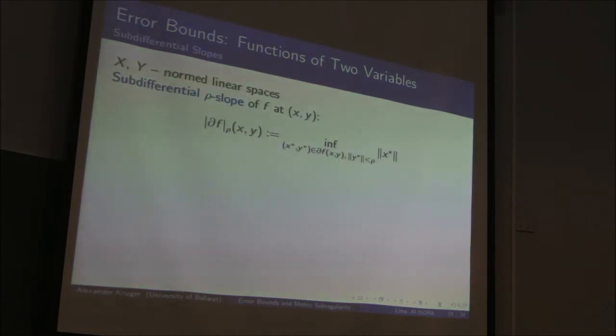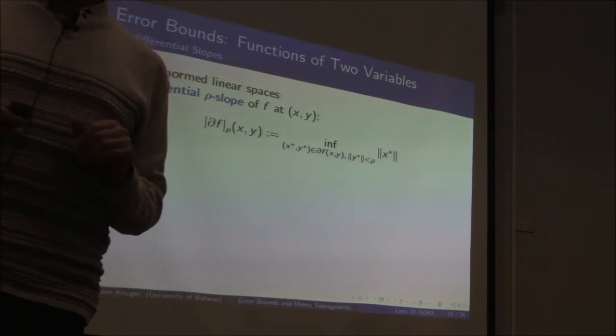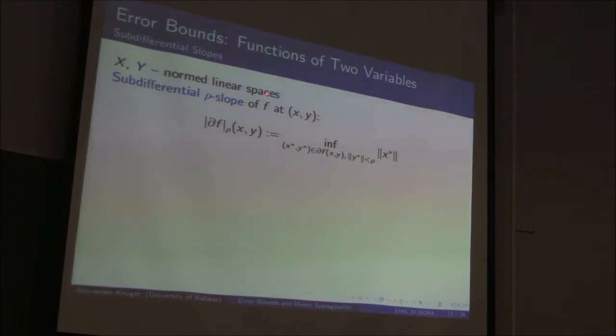So everything can be extended. A little bit of difference in the dual space setting. When both spaces are non-linear spaces, subdifferential slope is defined as infimum only of the x star part, the first part. Elements of the subdifferential have two components.